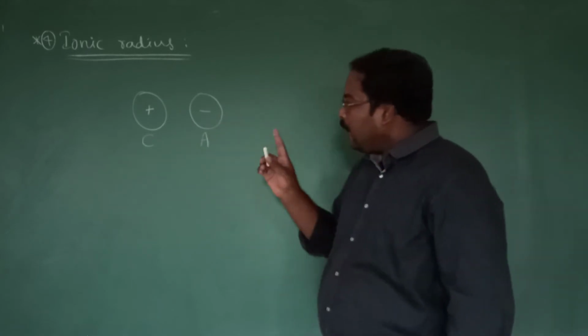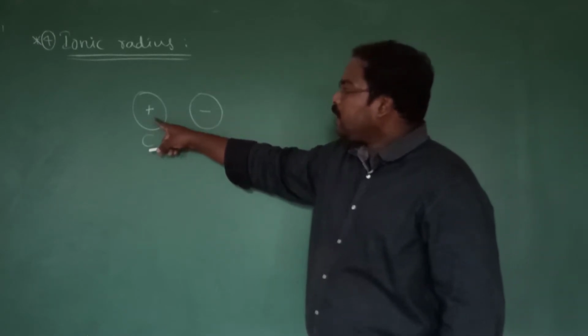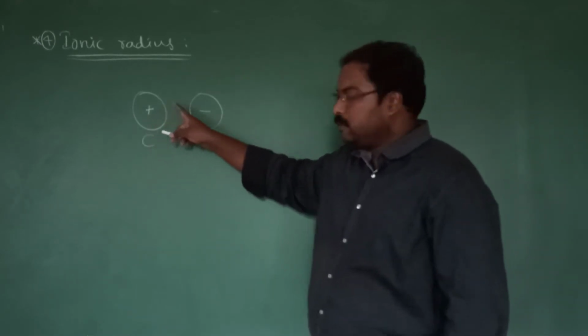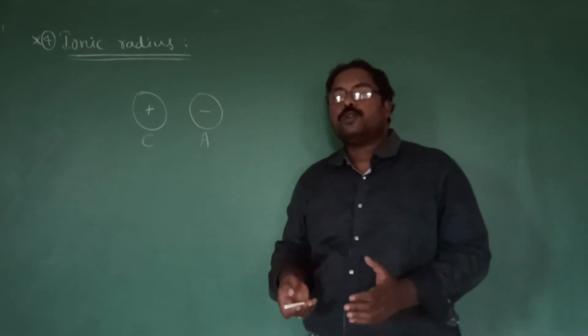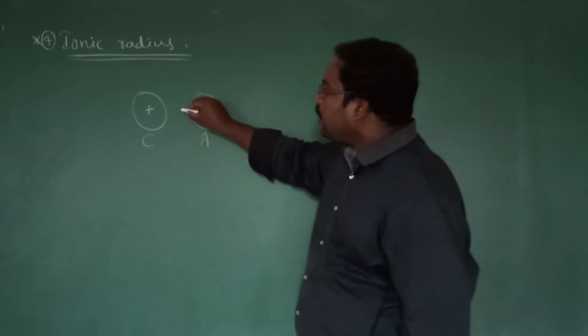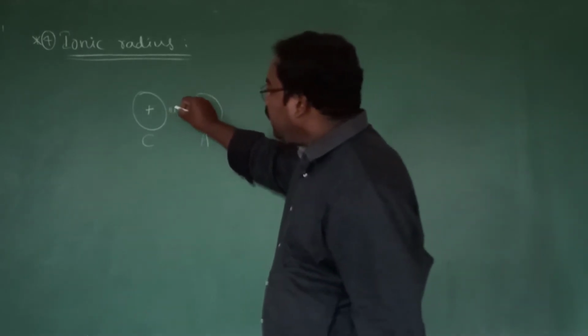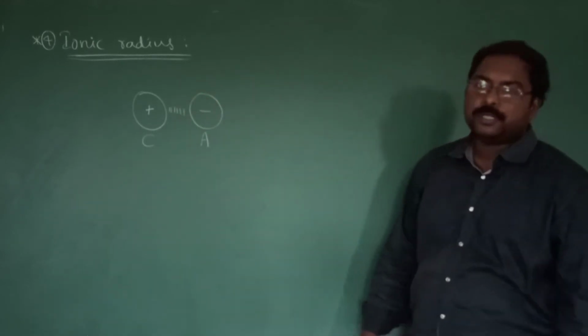Okay? Now, after losing an electron, the charge of the cation is positive, the other ion is negative. As everyone knows, opposite charges attract each other. In the same manner, there will be attractions between the positive charge and negative charge.